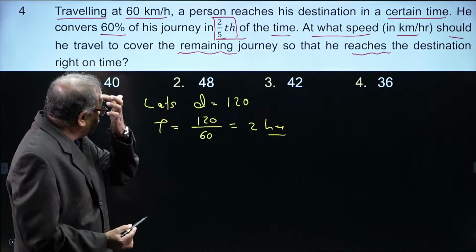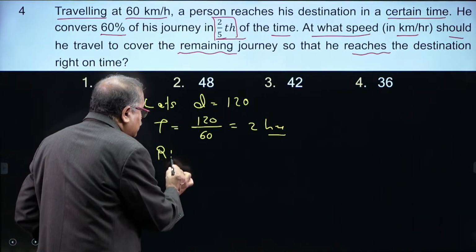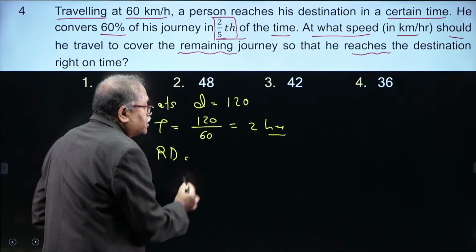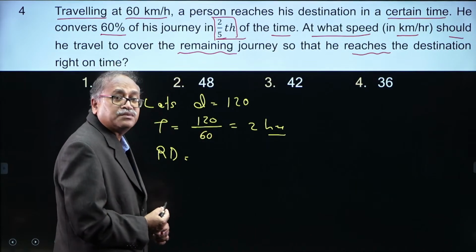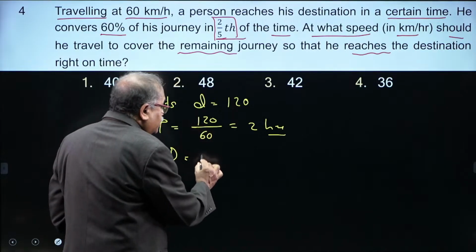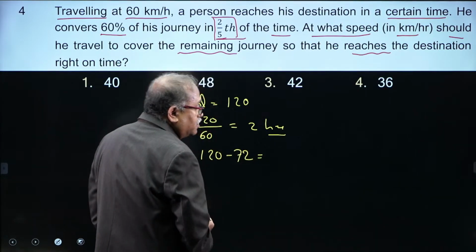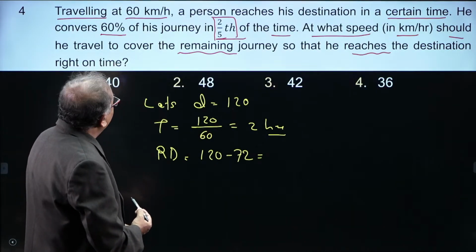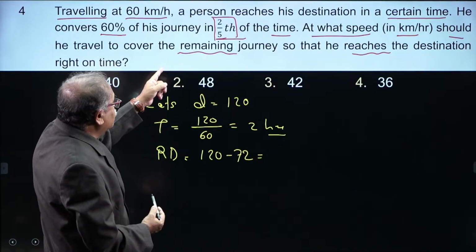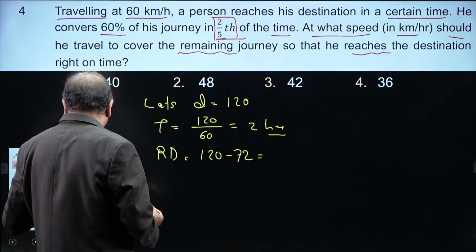Take out the 60% of this, the remaining distance, 120 minus 72. 60% of the journey in 2/5 of the time means 72.